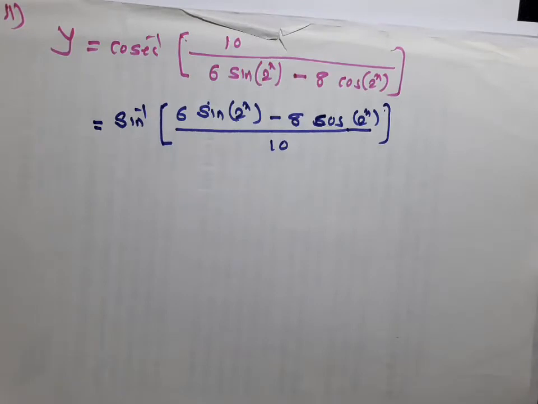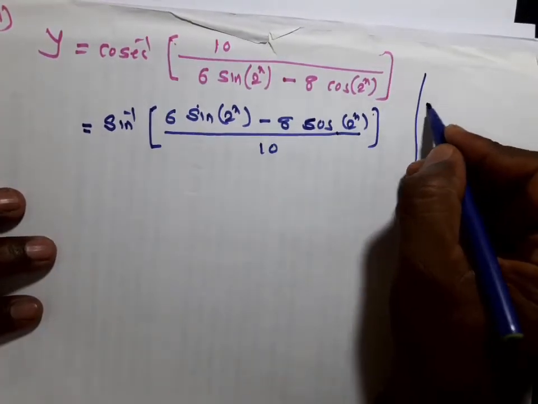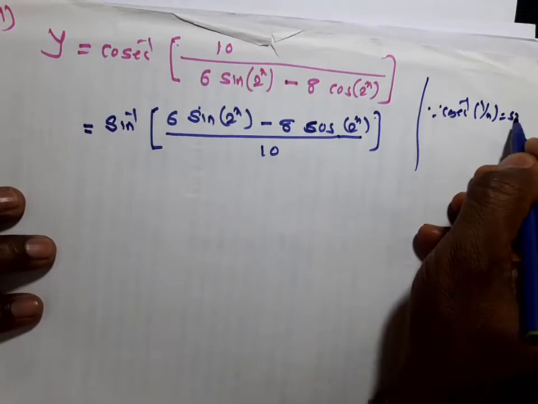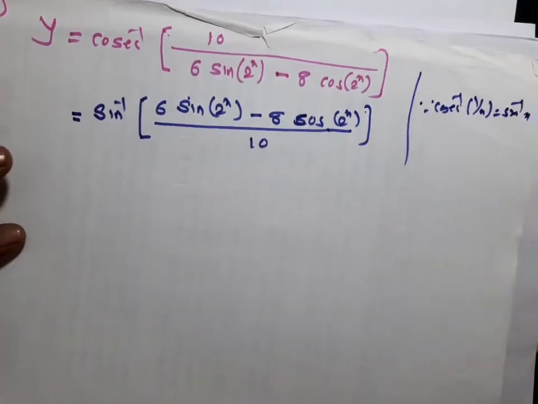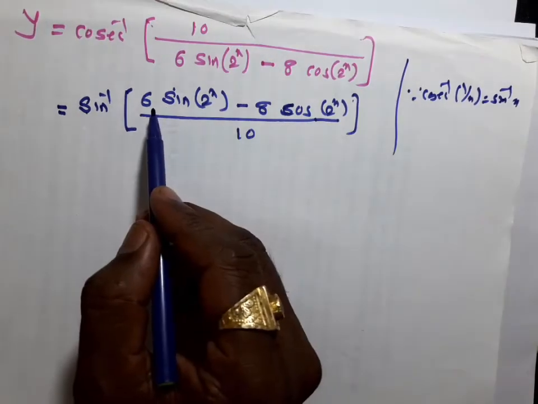See, the adjustment is given here itself. Just try to understand this. It is sine. Why is it? Because you know that cosec inverse of 1 upon x is sine inverse x. Now again, just like the first example, it is sine, so I try to make the sine.